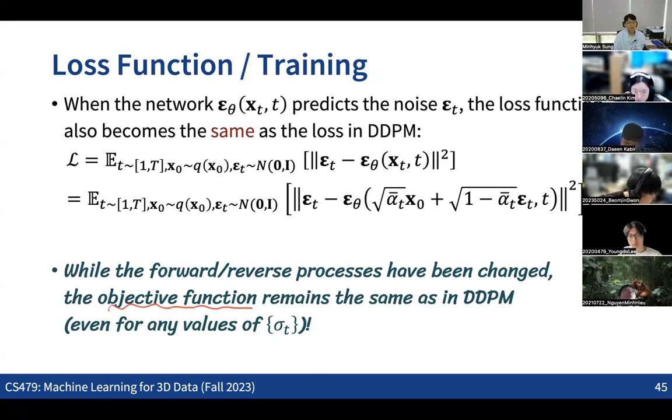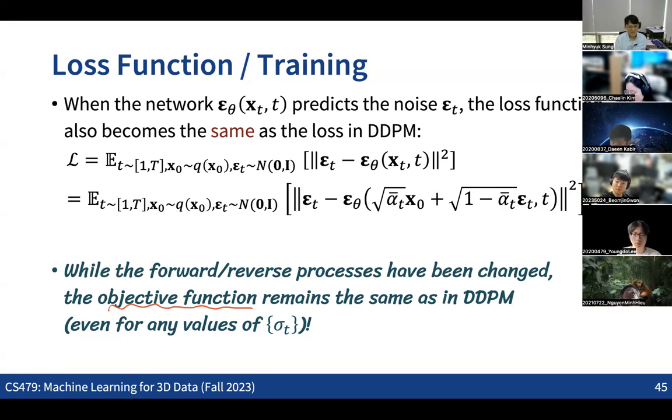So whether you run the forward and reverse processes in a DDPM way or a DDIM way, the only thing you need to do is train the noise predictor in the same way. Then, using the same noise predictor trained with the same objective function, you can run either the reverse process of the DDPM or the reverse process of the DDIM. That's the way people designed the DDIM.